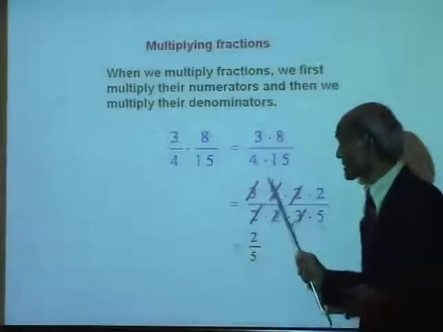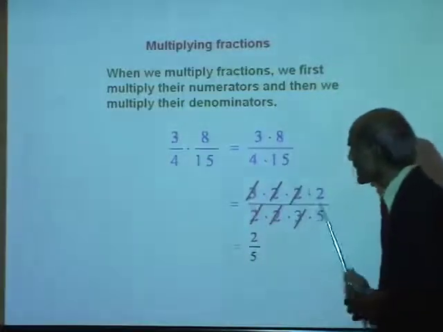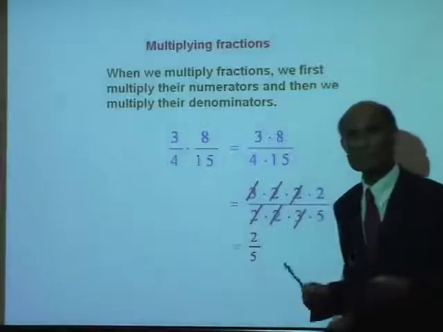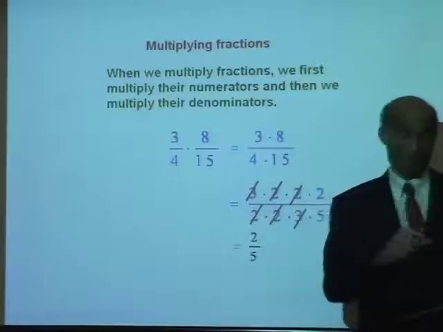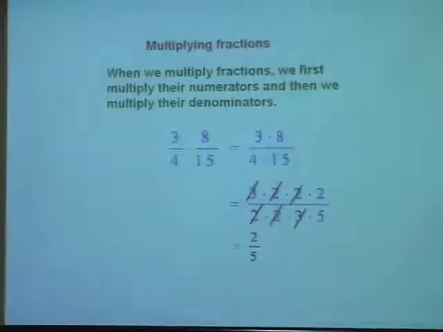Now I know some of you think, isn't this too laborious a method? Why don't we just simplify it here? Some of you know how to do that. Well, if you know how to do it well, try this. 4 goes in 8 2 times, is that right? You know it. And 3 on the numerator goes in 15 5 times. You can see the answer is 2 over 5.